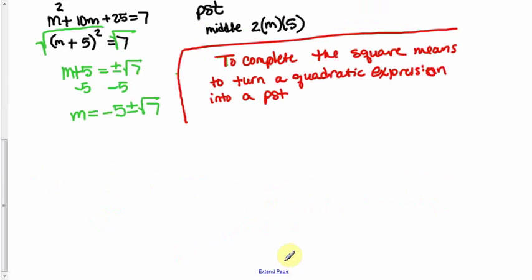You do so by taking half the middle term, half the middle number, and squaring it.